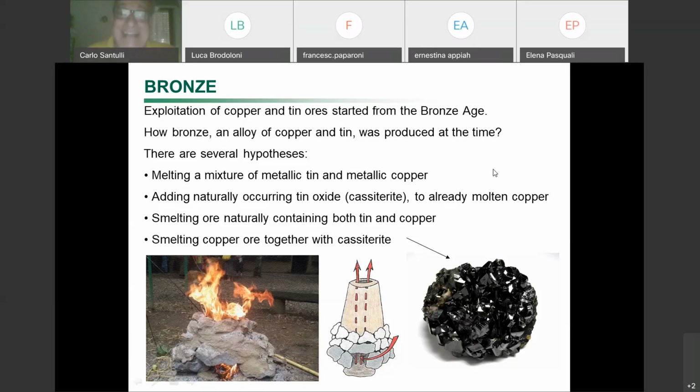We don't know exactly how they started to produce bronze. There are some hypotheses which are interesting anyway. Possibly all these hypotheses are true, because they were producing bronze in different ways. You could either melt a mixture of metallic tin and metallic copper.